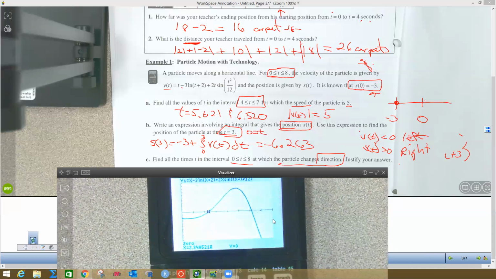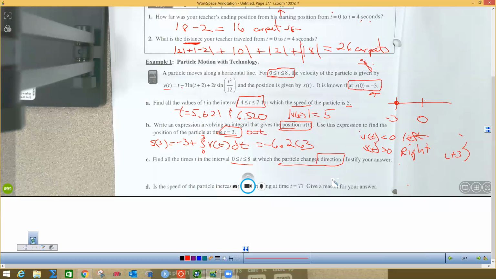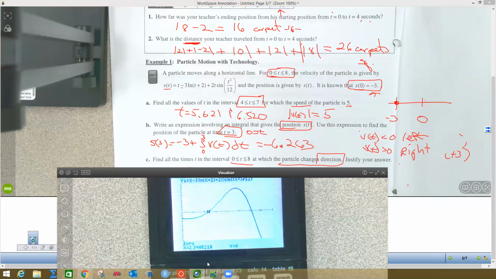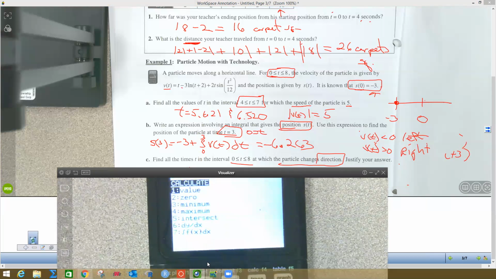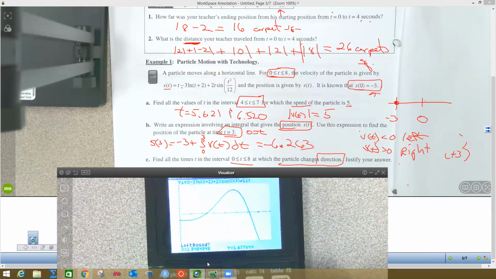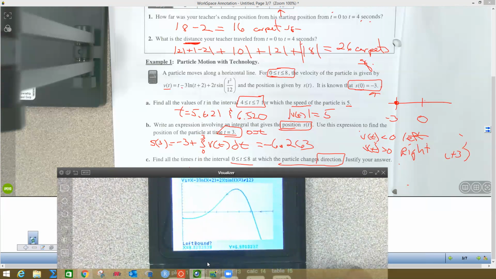So my first 0 is 2.431. So I'm going to put t equals 2.431. Okay, and then I'm going to go back to my camera and find the other one. So I'm going to hit second calc 2 again, but now I'm going to take it over there by the other 0.